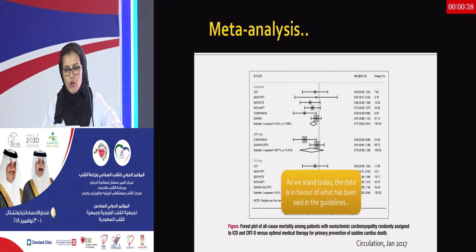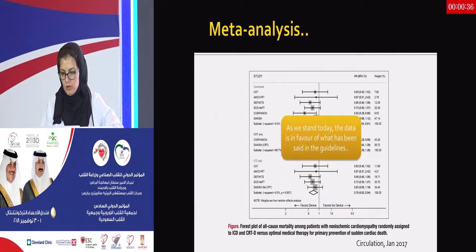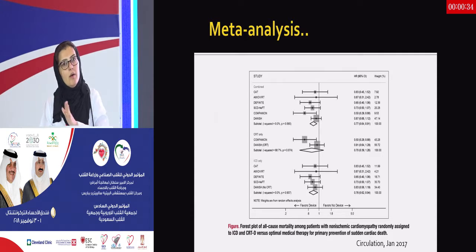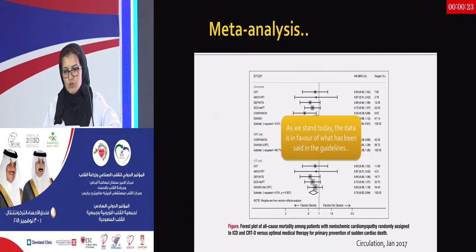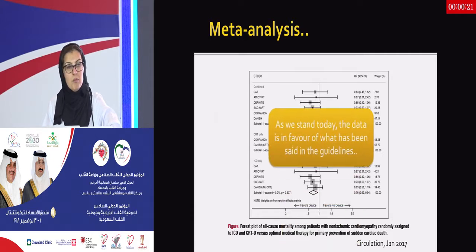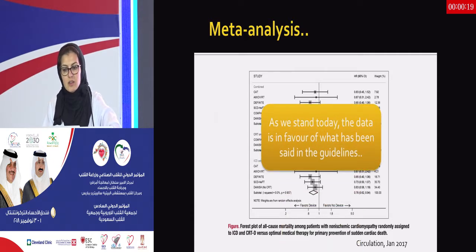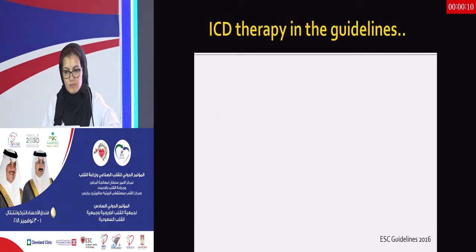And almost all of them, regardless of where you were, had a favorable outcome with the implantation of device, and they all crossed the line of unity in favor of device therapy. So as we stand today, it may change later on, but as we stand today, the data in favor of what has been said in the guidelines stands corrected. So we should be considering it in the non-ischemic groups as well.